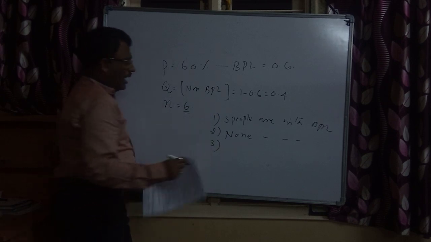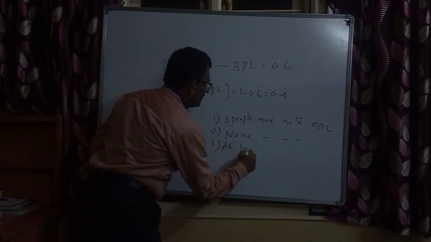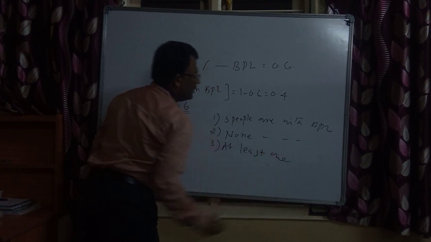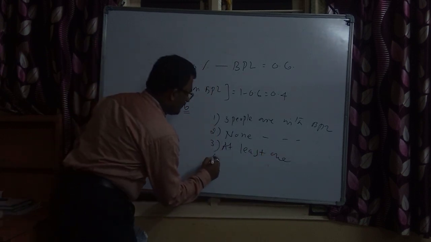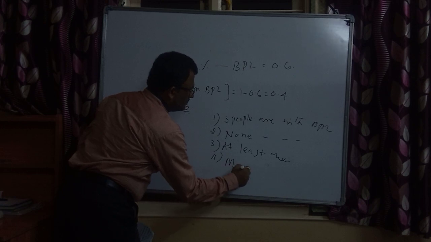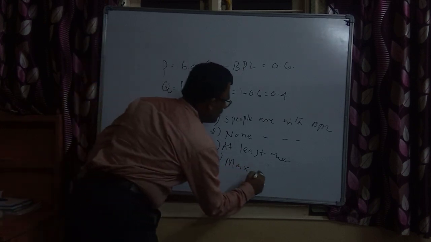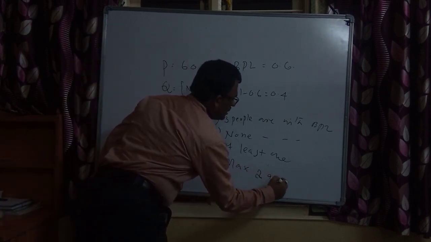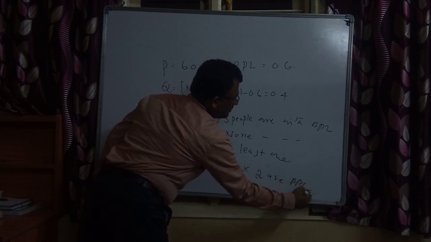Number 3, at least one with BPL. Next, number 4, maximum 2 are BPL card holders.